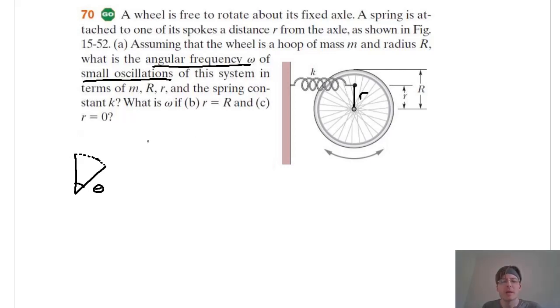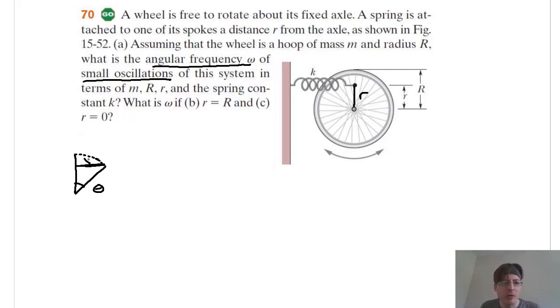Notice that I'm exaggerating the angle because we're supposed to assume a very small angle of displacement, okay? If the angle's very small, then the spring stays basically horizontal as the wheel turns out. So the spring is now, I'm assuming, still horizontal. Again, that's only true for a very small angle. My picture exaggerates it. But I'm going to assume that the spring is horizontal.